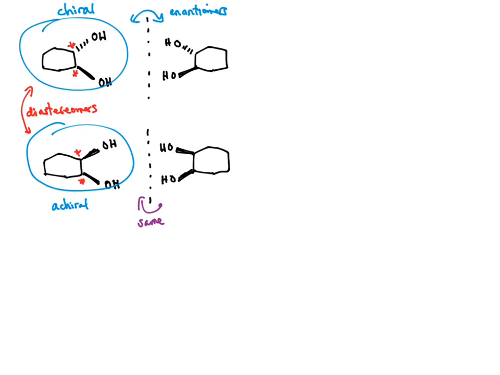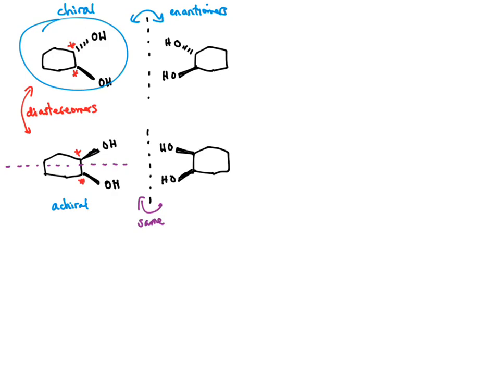We say that overall it is a molecule that has stereocenters but is overall achiral. Now the reason for this is because it has an internal plane of symmetry. And so the internal plane of symmetry goes directly through the carbon-carbon bonds of the ring.